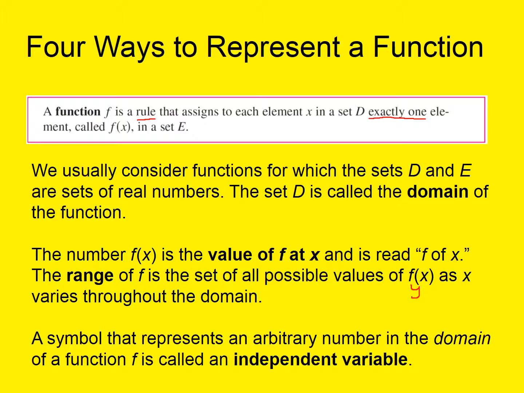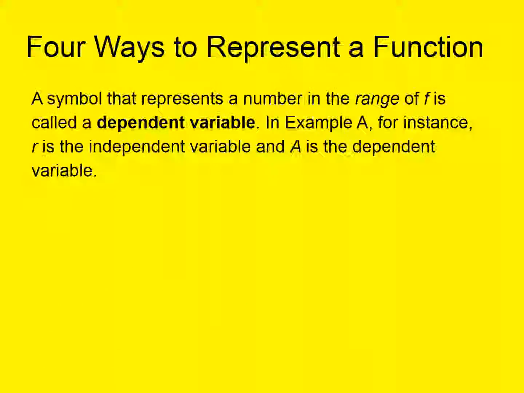A symbol that represents an arbitrary number in the domain of a function f is called an independent variable. A symbol that represents a number in the range of f is called a dependent variable. And of course that is the y variable. Of course we could use different letters for it.